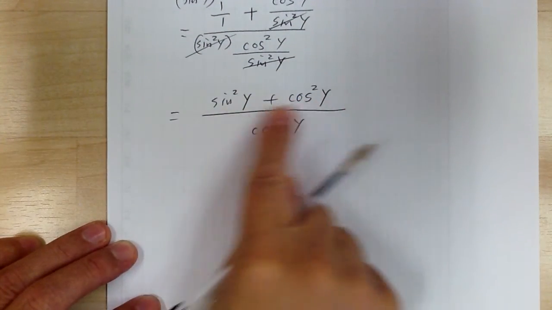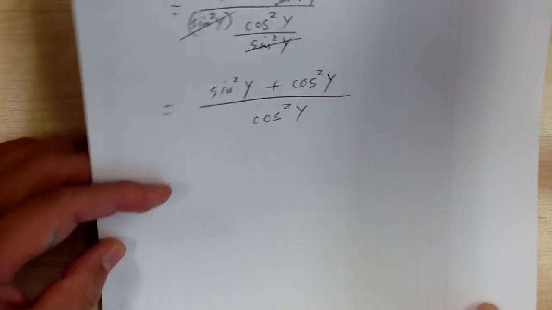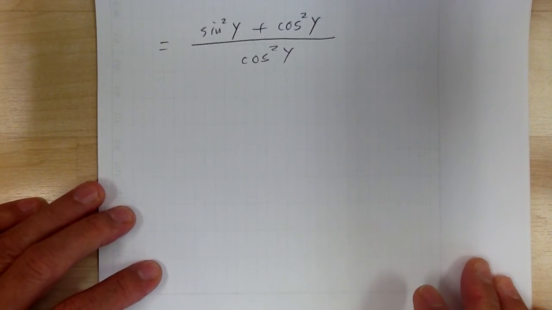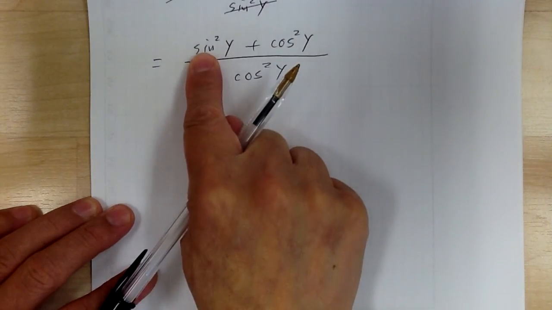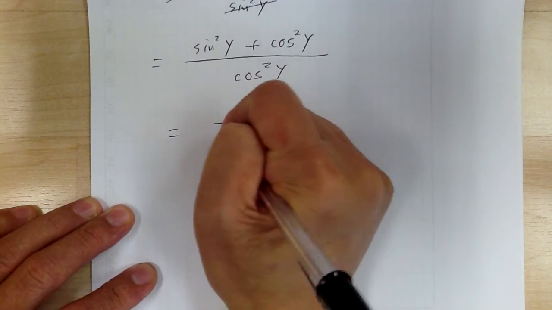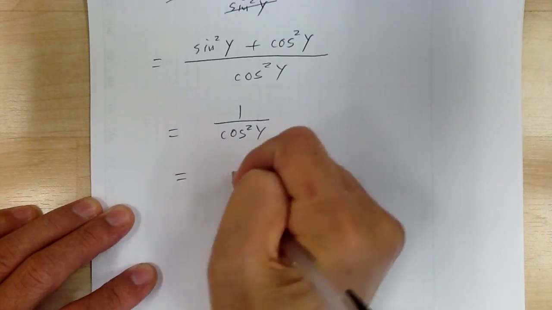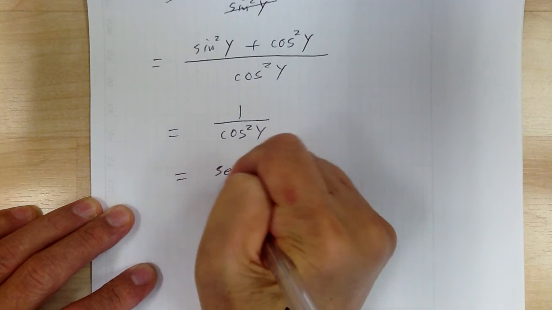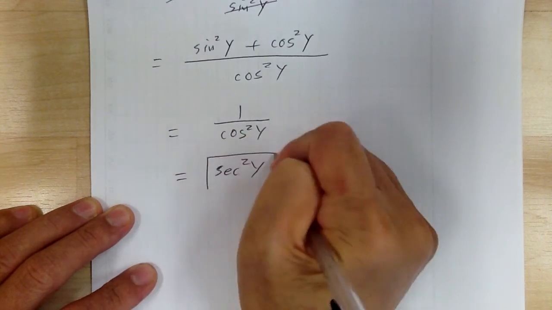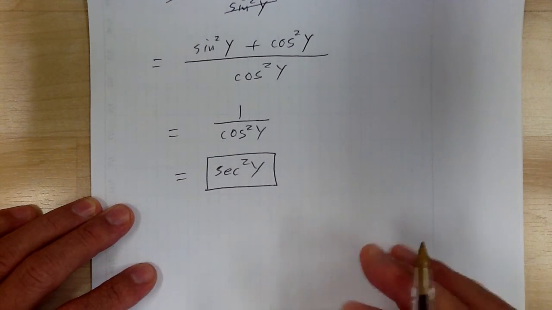And you have to recognize this. Whenever you have square plus square, right away you have to make the connection. That's the Pythagorean identity. So sine squared plus cosine squared is equal to 1. So it becomes 1 over cosine squared y. And 1 over cosine is equal to secant. Okay, and that is your answer. So you want to simplify as much as you can into one function.